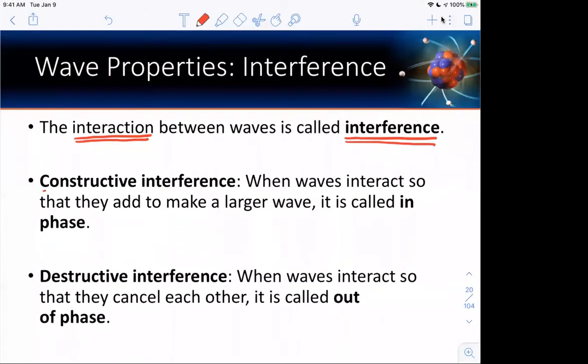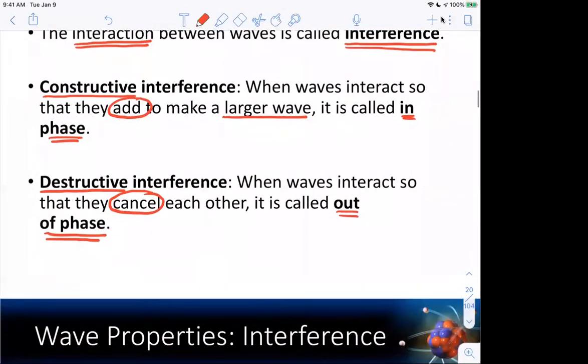I can have constructive interference, so my waves add together to make a larger wave. This has a special terminology: my waves are in phase. Or I can have destructive interference, so those two waves cancel each other out. That would be called out of phase. So let's look at a picture.